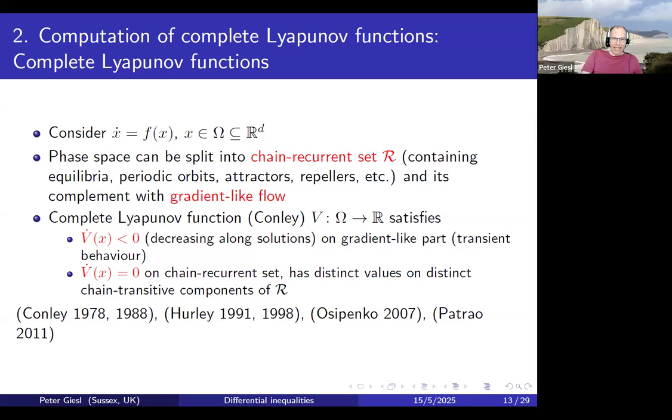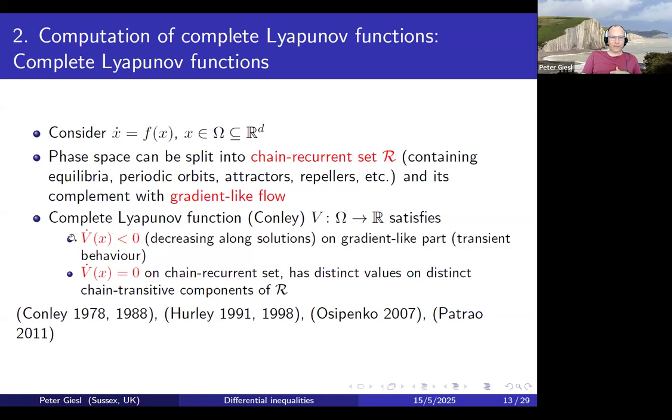set. And you can characterize this by a complete Lyapunov function, which goes back to Conley in the 70s, 80s. Conley's function is only continuous, it's not differentiable. But if it was differentiable, then this function would characterize these two parts by its orbital derivative.